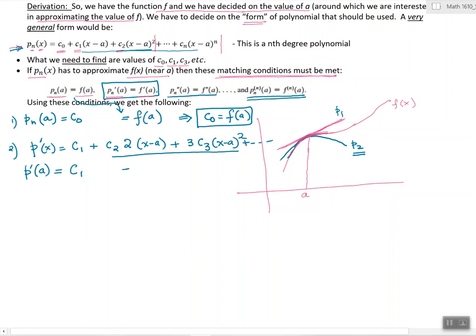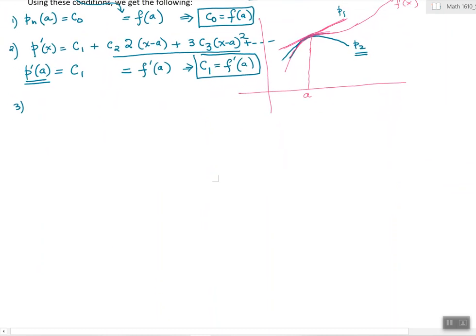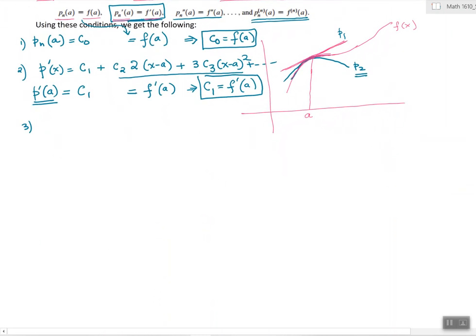Now we had agreed that this has to be equal to f prime of a, from right here. So therefore I know my c1 is going to be f prime of a. So let's remember this. Okay, let's keep going. So now I'm going to find the second derivative of my polynomial.